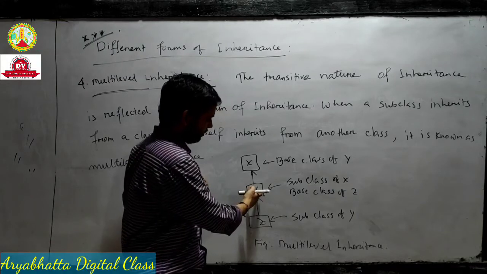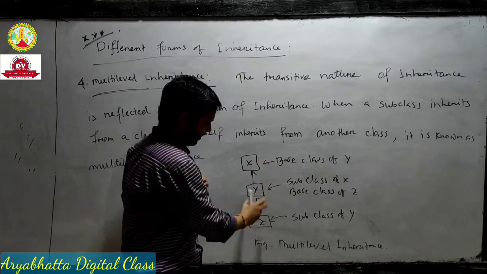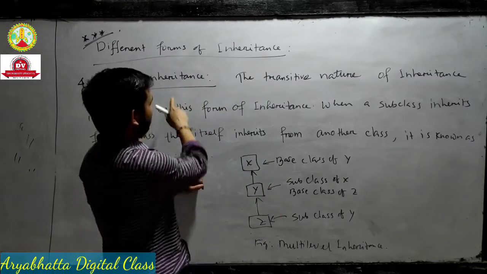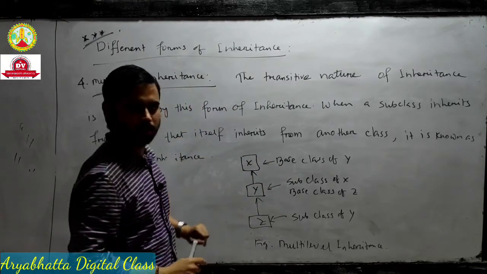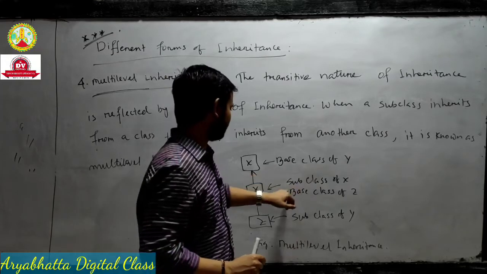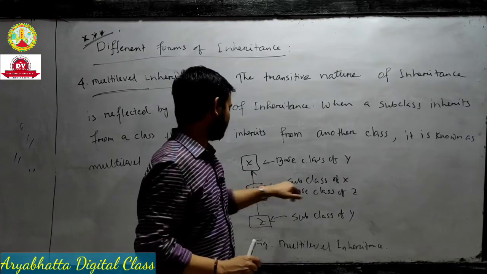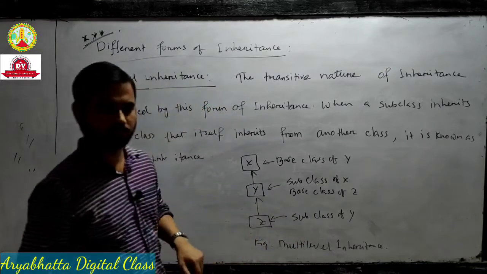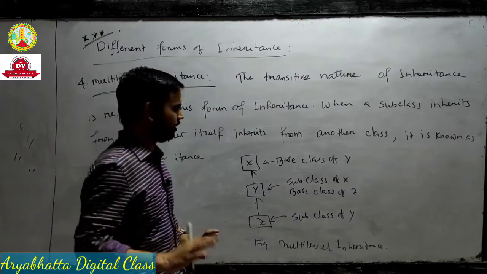Okay, Y is subclass of X and base class of Z. This is the middle part. This is multi-level. That's why this is called multi-level inheritance. 1 level, 2 level, 3 level, like that. That's a base class of Y, subclass of X, base class of Z, and subclass of Y. Don't be confused. Okay, just see carefully, then you easily understand.